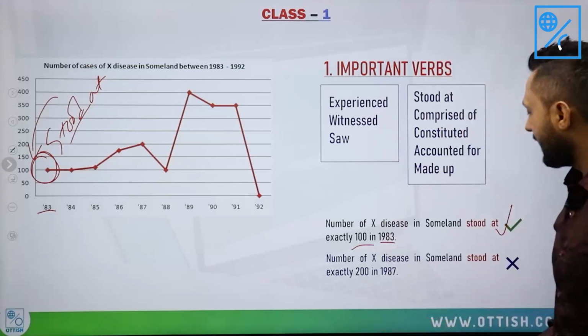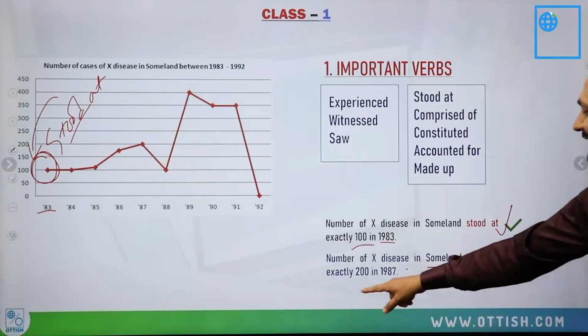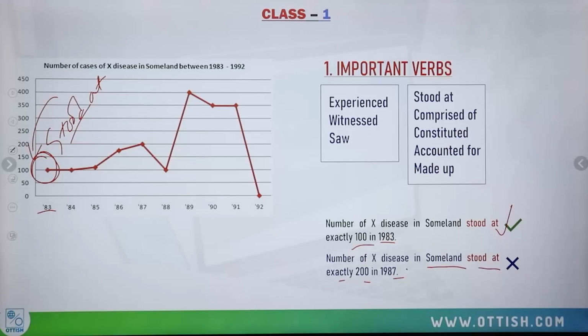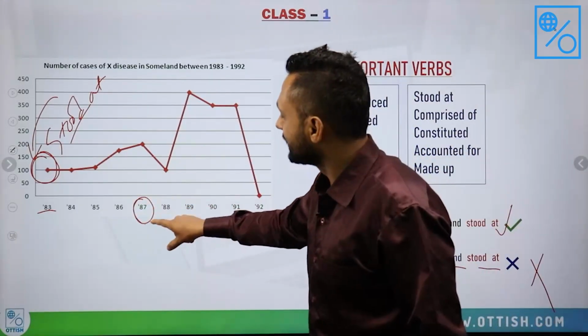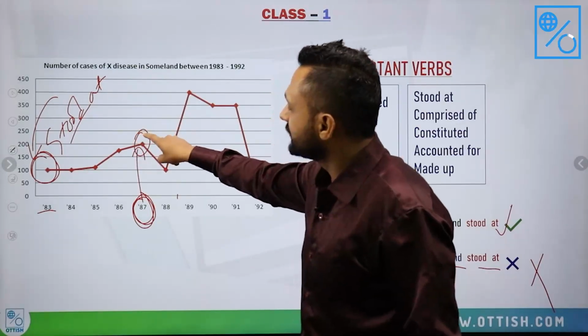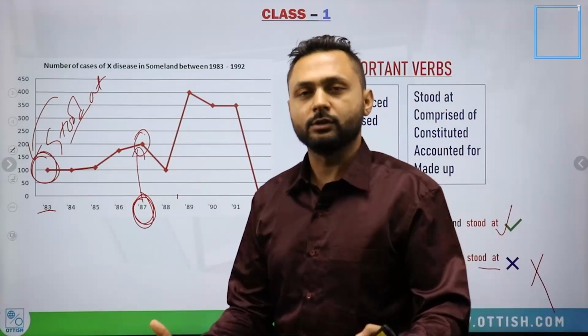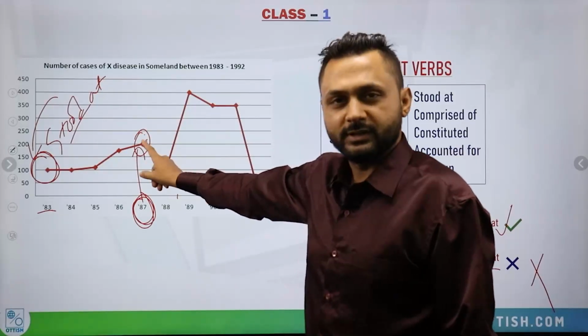But you cannot write number of acts disease in some land stood at exactly 200 in 1987. This is wrong because 1987 is not the initial data. That's why you cannot use the word stood at while talking about this data.